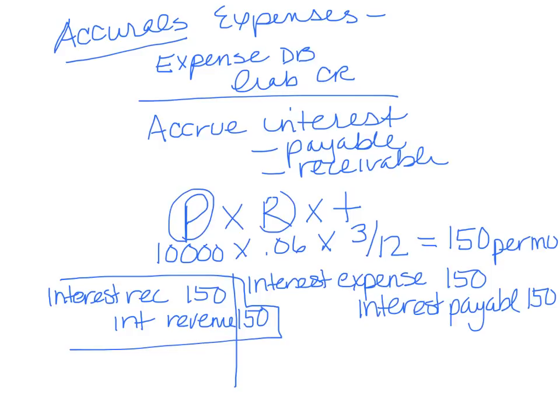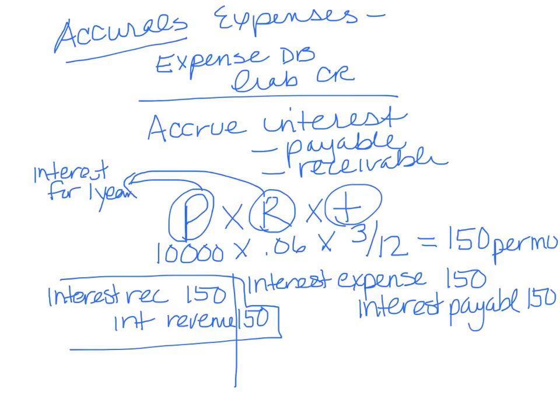Principal times rate times time. Now, if you don't enter time and you just took the principal times the rate, that would give you interest for 1 year. In this case, $600.